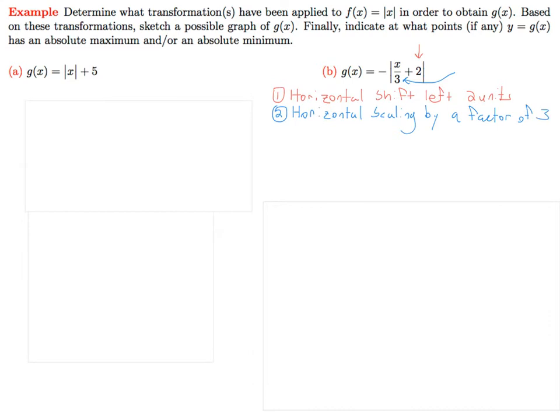And then lastly, we have this negative sign on the outside, and this is going to be a vertical reflection. And when we reflect things vertically, we do them across the x-axis.